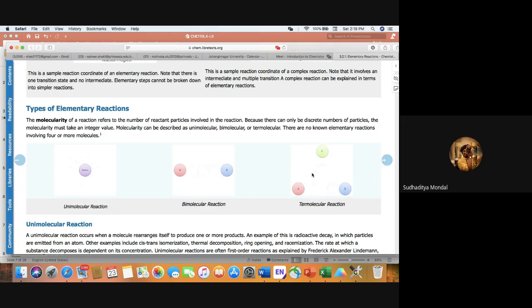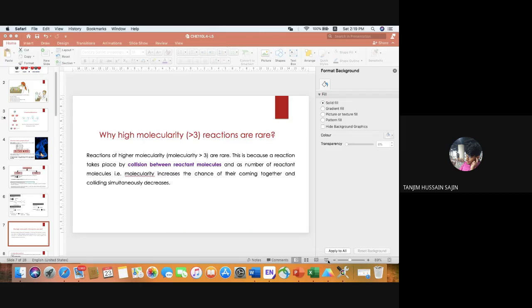Clear, sir. And when the chances of collision decrease, the chances of the reaction happening also decrease. Is it clear to all? Yes, sir.